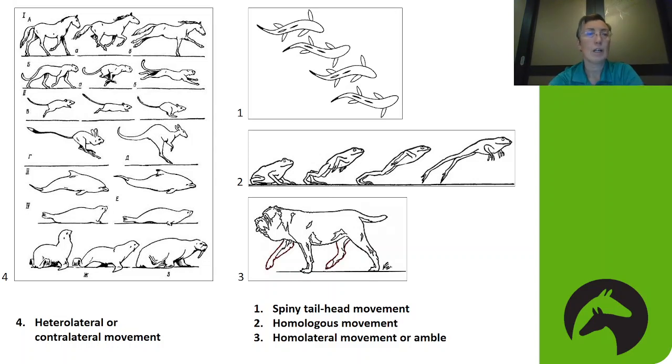And fourth, mammals. Humans are also in this category of animals, and you can see the dog, you can see any other animals, and for example dolphin. Dolphin is also a mammal, and dolphin doesn't have spiny tail-head movement as a fish.